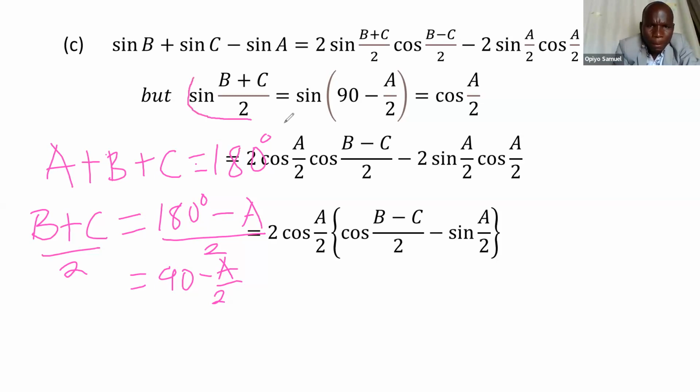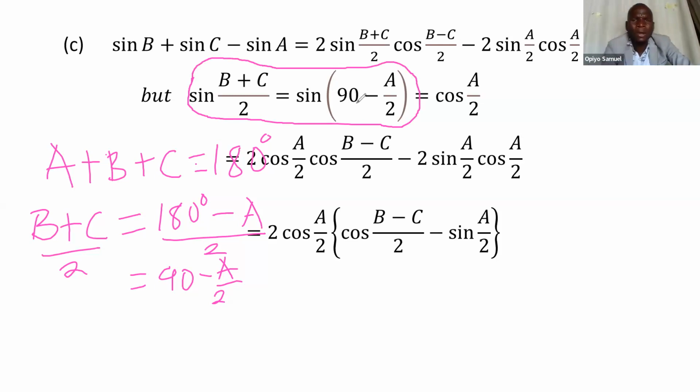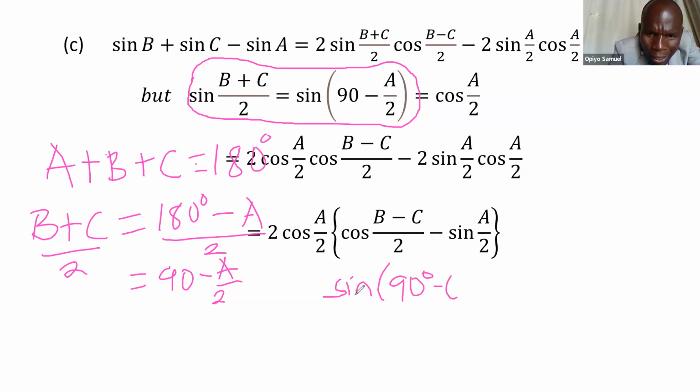So sine of B plus C out of 2 will be equal to sine of 90 minus A out of 2. But also, another thing you should know is that sine of 90 degrees minus theta is the same as cos of theta.